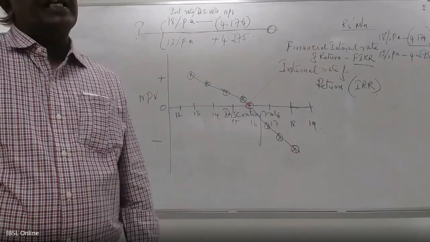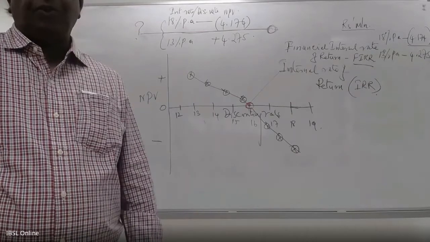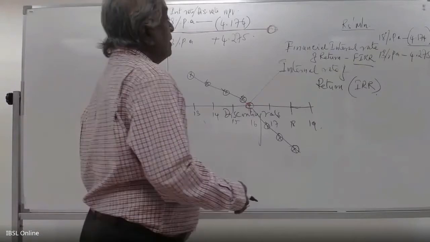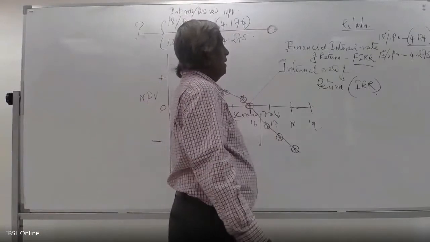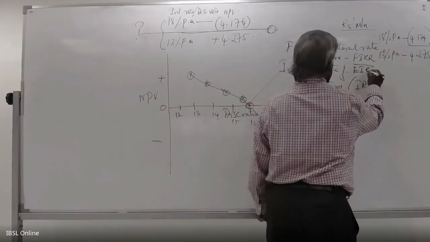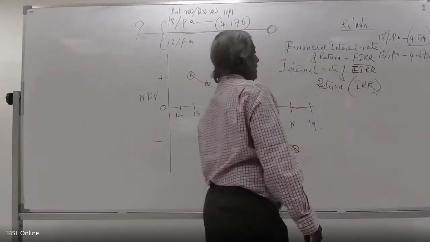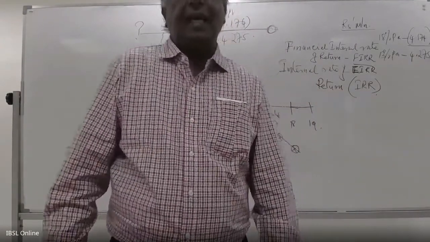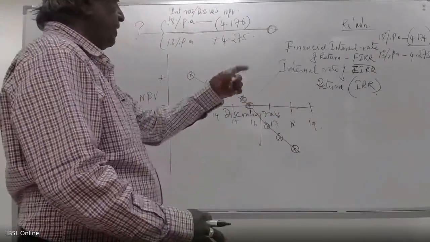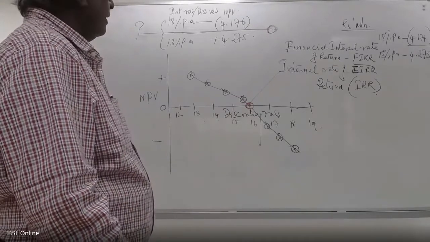There is another calculation, doing this calculation on economic prices. That will be the economic internal rate of return, EIRR. So in this program, we don't do EIRR, only FIRR, the financial internal rate of return.